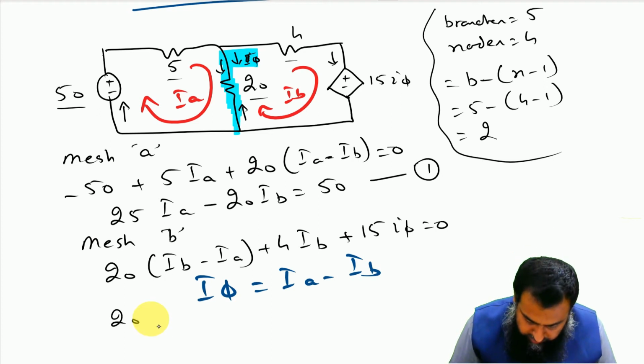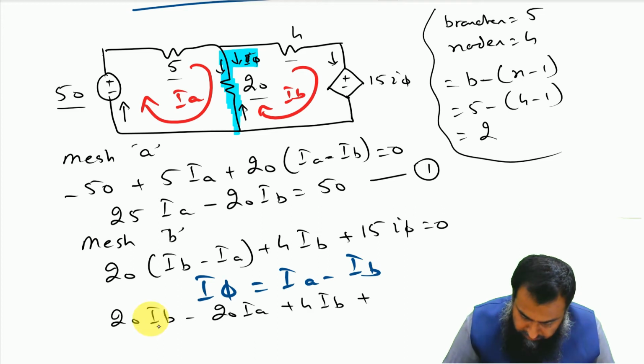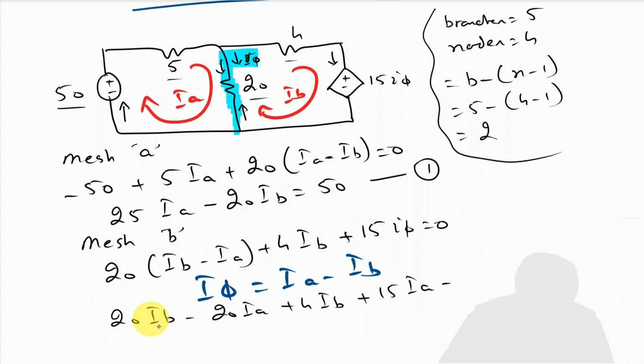So we have 20 times IB minus 20 times IA plus 4 times IB plus 15 times IA minus 15 times IB, and that is equal to 0. I have simply substituted this equation in place of I5.